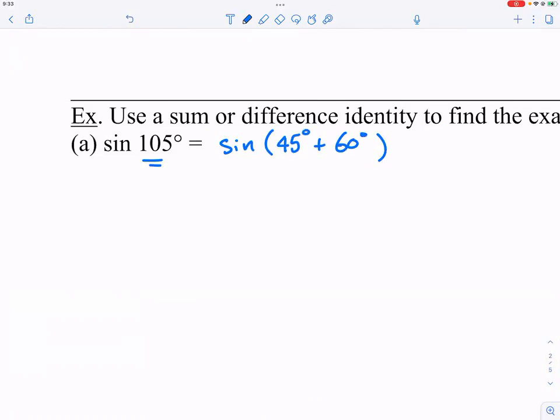So you're like, oh yeah, I know this. 45 plus 60, 45 degrees plus 60 degrees is 105 degrees. And based on this, we're like, oh, now we don't need a calculator, because now we can say sine of 45 degrees cosine of 60 degrees plus cosine of 45 degrees and sine of 60 degrees.